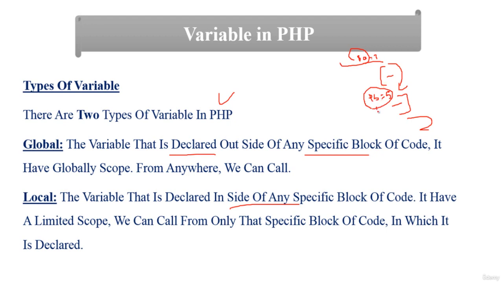I cannot use this variable outside of this specific block of code. But if a variable is global, for example a that is declared and initialized outside of a specific block of code, we can use that variable inside or outside of the specific block of code. But if there is a variable that is local, we cannot access that variable outside of its specific block of code. I will provide different examples to clear your concept.